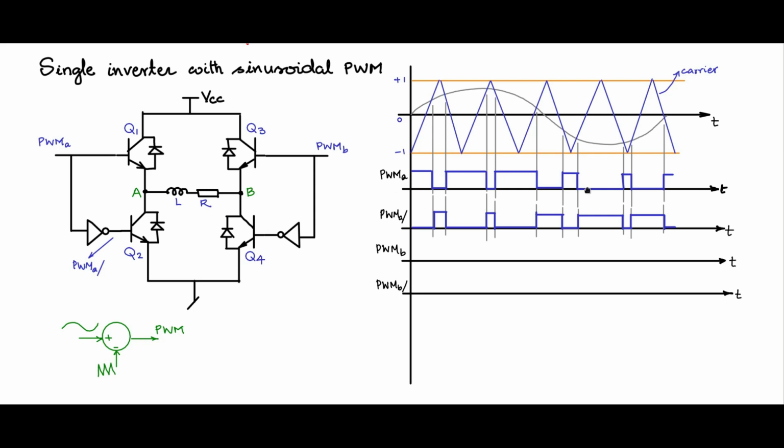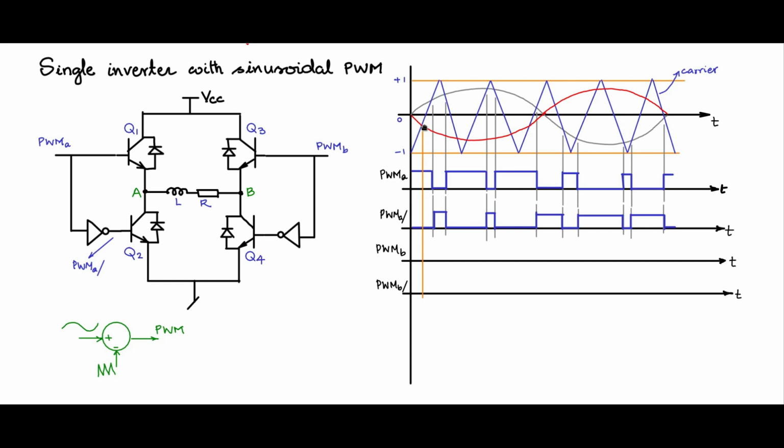Let us give a 180 degree modulating signal. Take the same modulating signal, pass it through a 180 degree inverter, and compare it with the same triangle. Don't change the triangle. With the same triangle, draw the PWM waveforms.